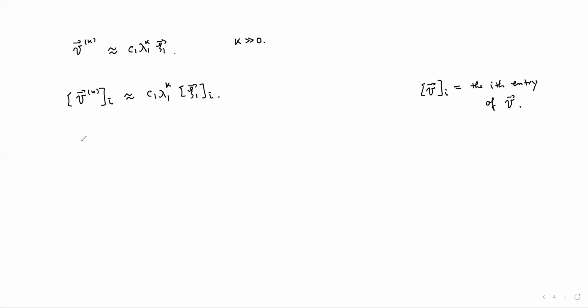This ratio, the ith entry of Vk over the ith entry of Vk minus 1, is roughly C1 lambda 1 to the k times psi 1 i, over C1 lambda 1 to the k minus 1 times psi 1 i.